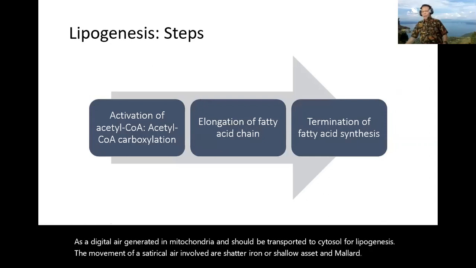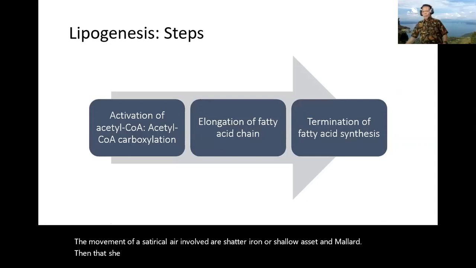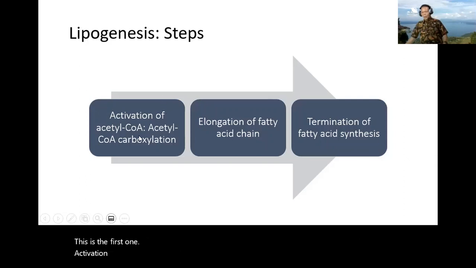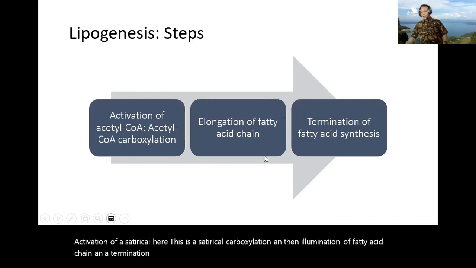Then let's see lipogenesis step by step. The first one is activation of acetyl-CoA, which is acetyl-CoA carboxylation, and then elongation of the fatty acid chain and termination of fatty acid synthesis.